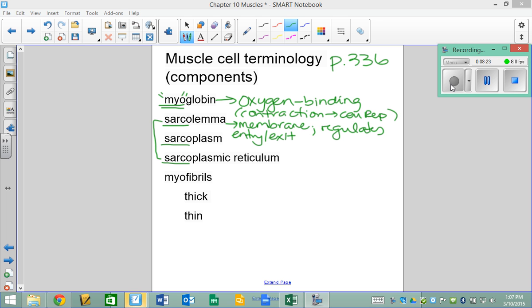Now the sarcoplasm, just like cytoplasm, is the fluid. So we could say it's the cytoplasm of the muscle cell. Now what's the point of having cytoplasm? Well, for us, this is where a lot of metabolic processes happen.